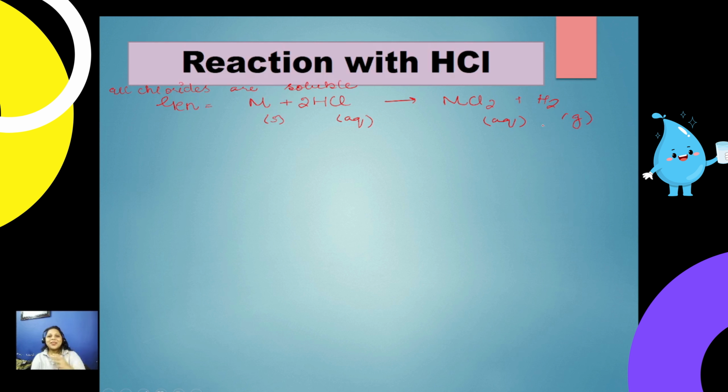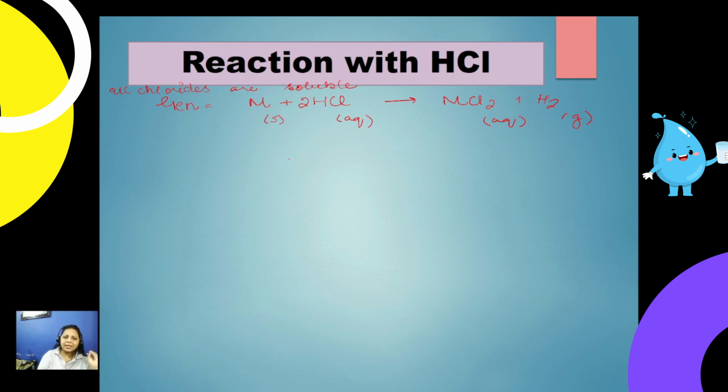If you carry out a reaction in the lab, you'll observe that bubbles are produced, and sometimes you need the volume of that hydrogen gas for certain experiments. So you have to use a syringe or a volumetric cylinder in which you can keep your gases to have a correct volume. So this is the general reaction.